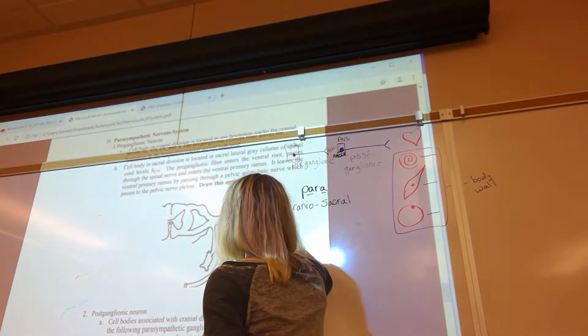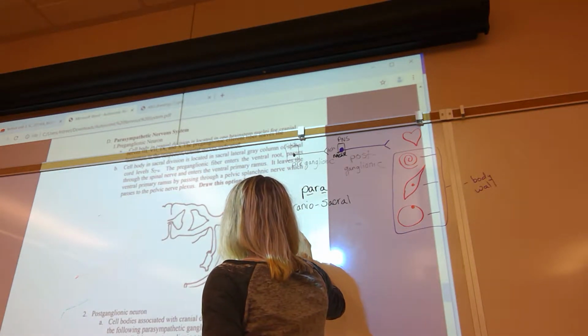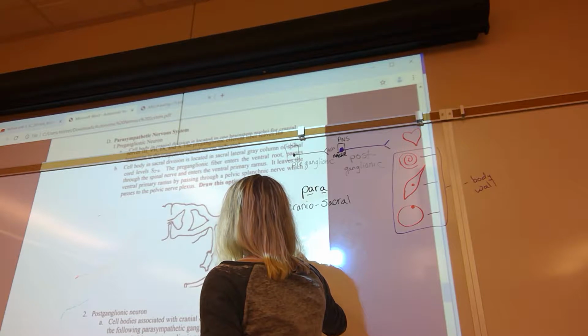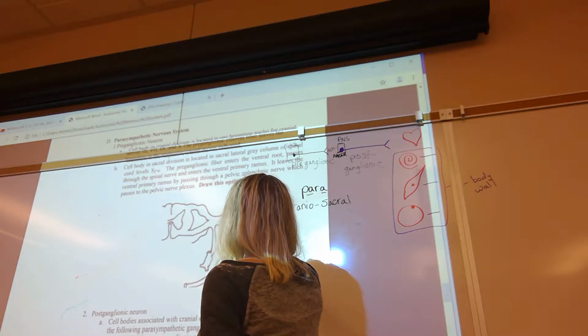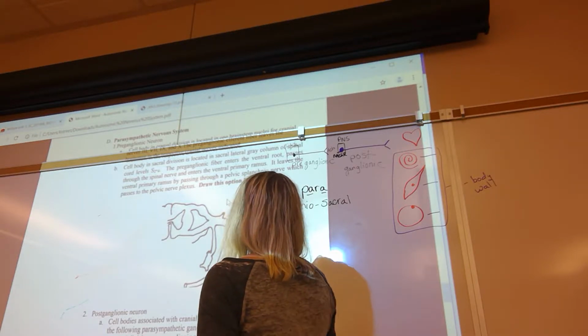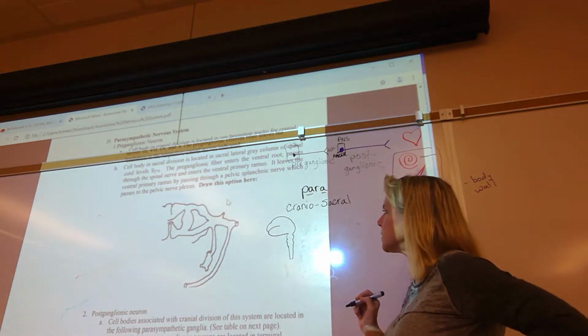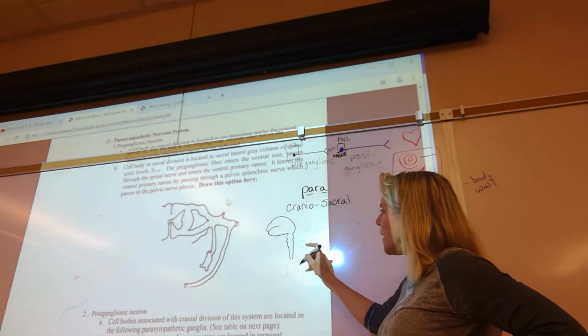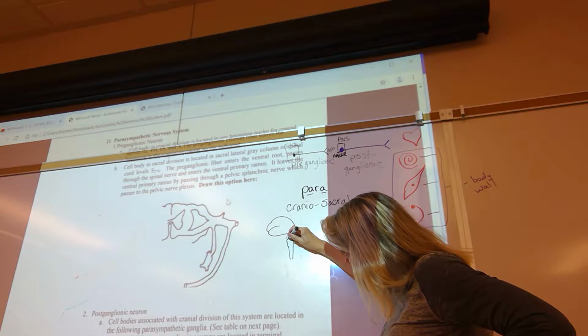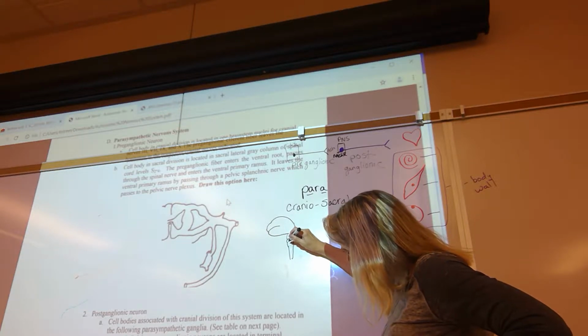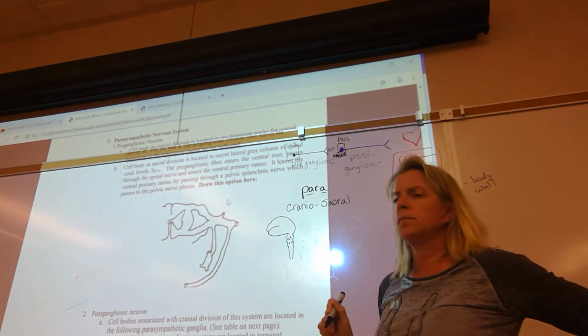So here's our brain. And I have the brain stem leading to the spinal cord. I have the temporal lobe. That's a sad looking one. Right. We have nuclei in the brainstem.